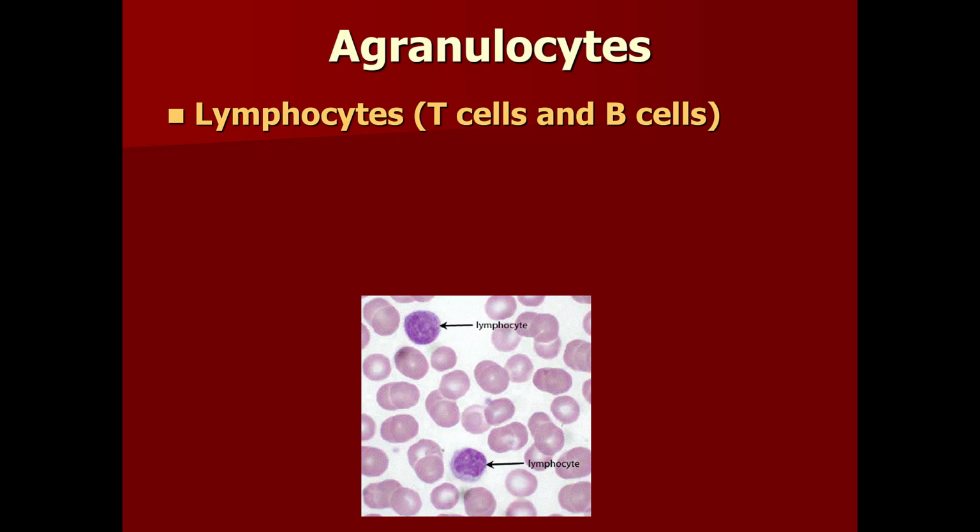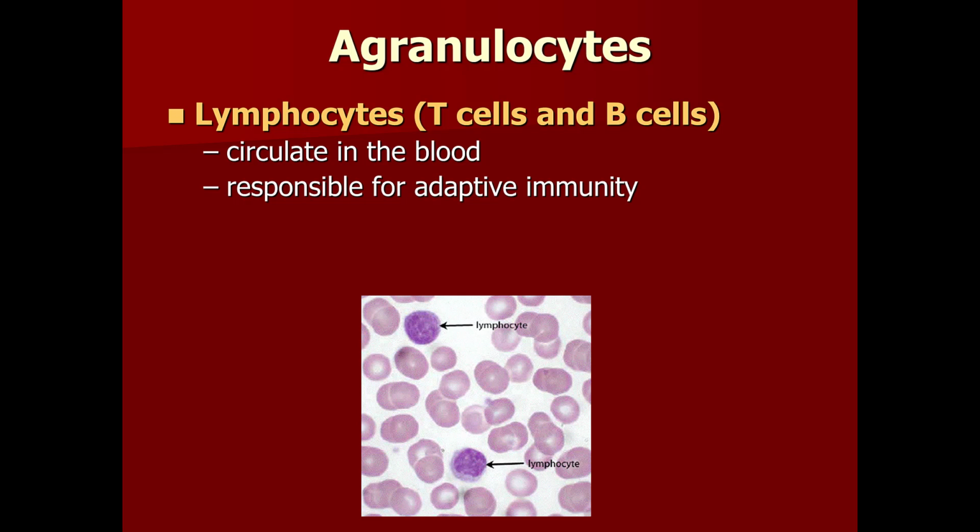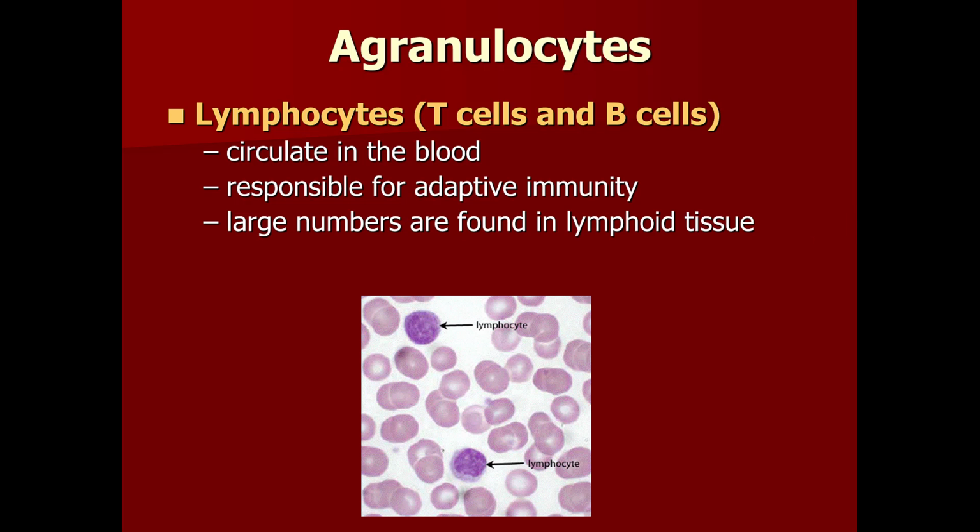The T cells are important for cell-mediated immunity, and the B cells are important for humoral immunity, which is antibody production. They circulate in the blood, and they are the primary cells that we're going to discuss in the next lecture that are the main players in adaptive or specific immunity.